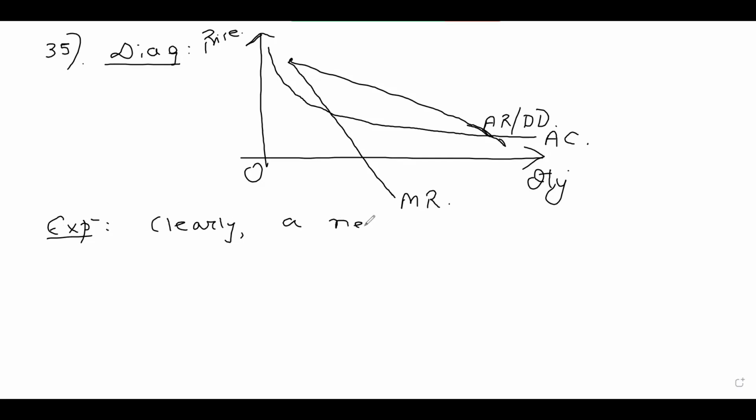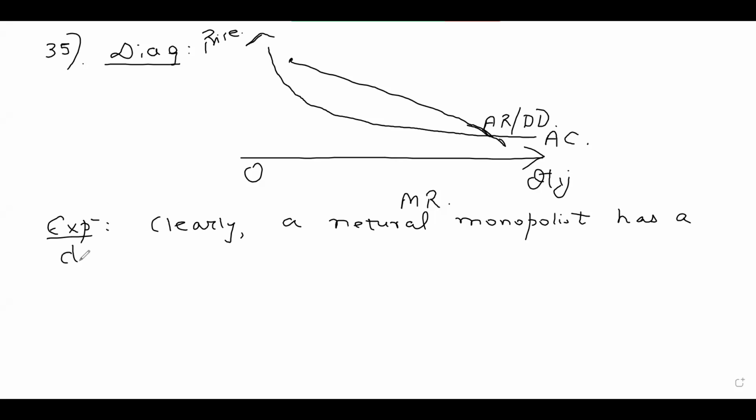A natural monopolist has a downward sloping average cost. First of all, let me erase this part. Let me write clearly. A natural monopolist has a downward sloping average cost.